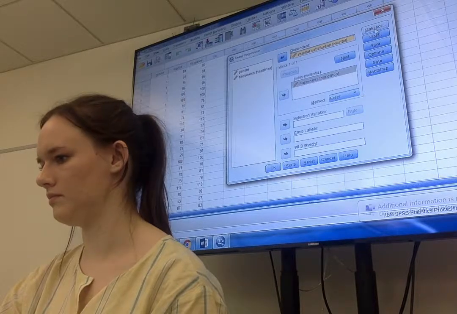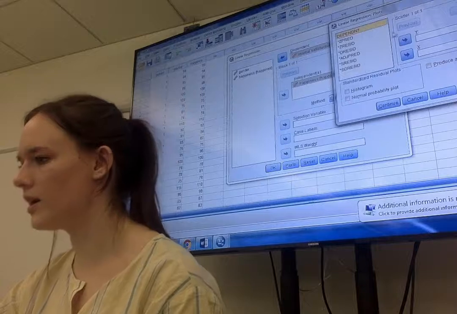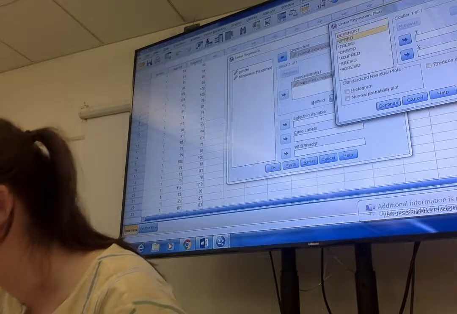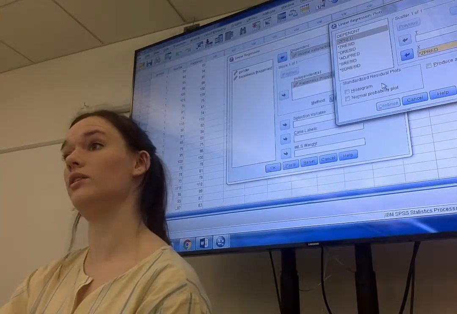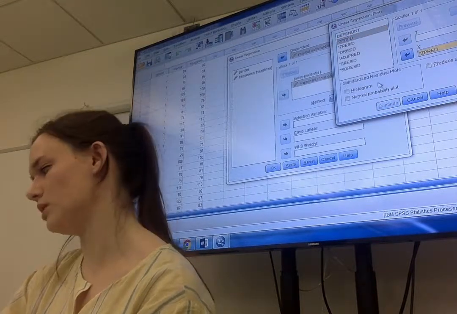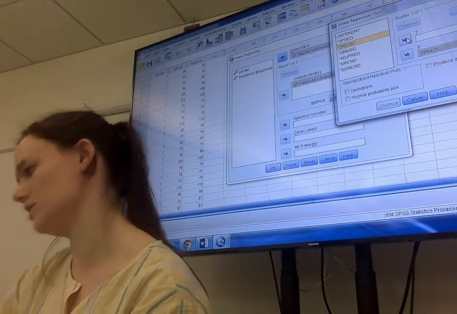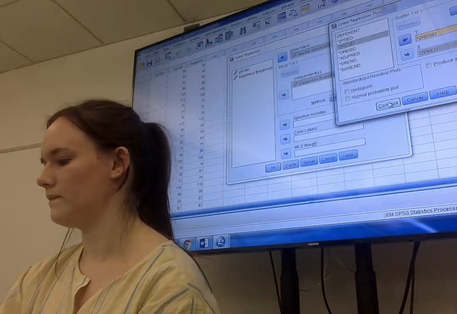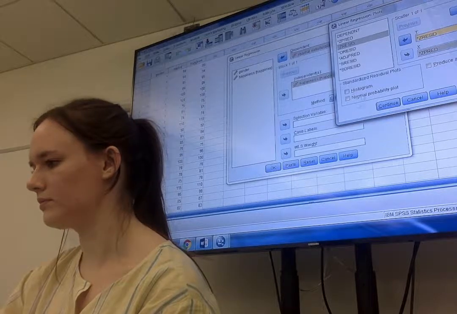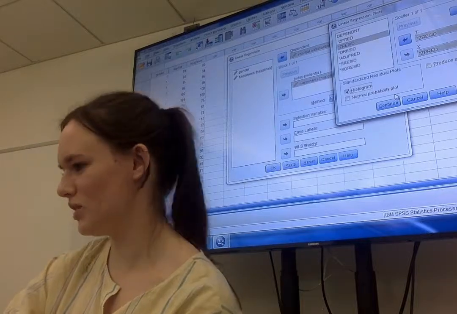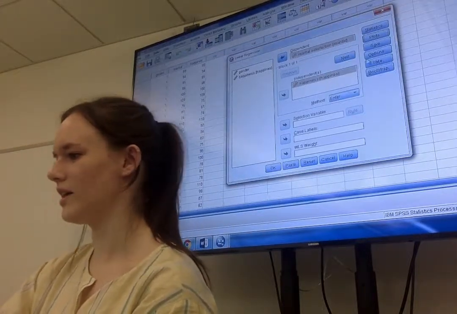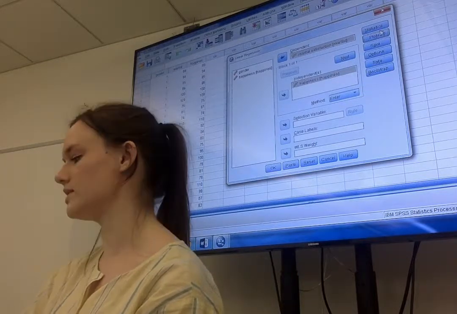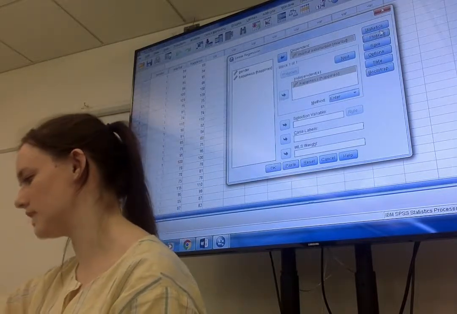Then for the plots, you put the Z pred for the X, which is the predicted value of a distribution, and the Z resid is the residual of that. Let's do the histogram too. That's how you get this regression residual plot, and that's how we look at the linearity and the homoscedasticity.